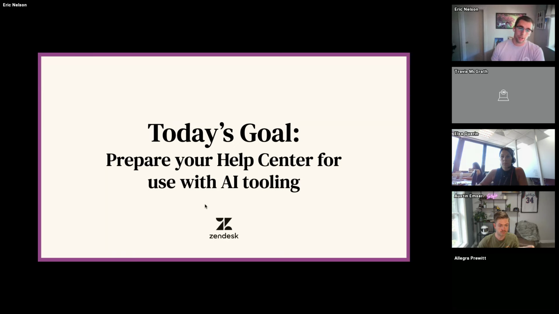But there are also other areas, such as sourcing relevant articles to your team members, as well as assisting with co-pilot type solutions. All of the steps that we are taking here today are going to be relevant for pretty much everything within the AI space.